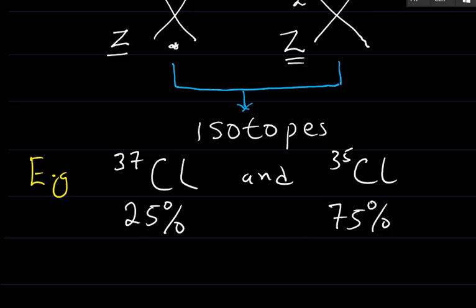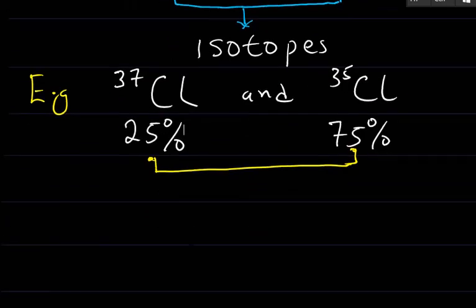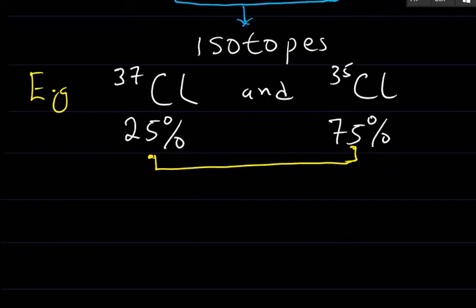So it is the addition of the percentage abundance of these two isotopes that will give us the average relative atomic mass of chlorine.